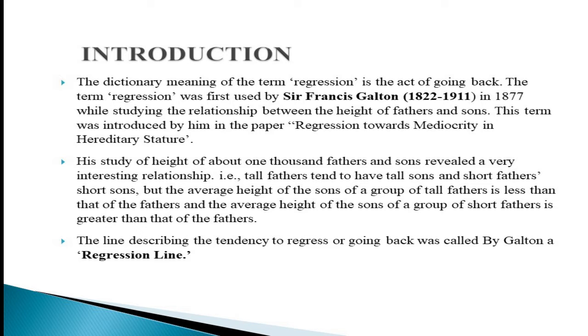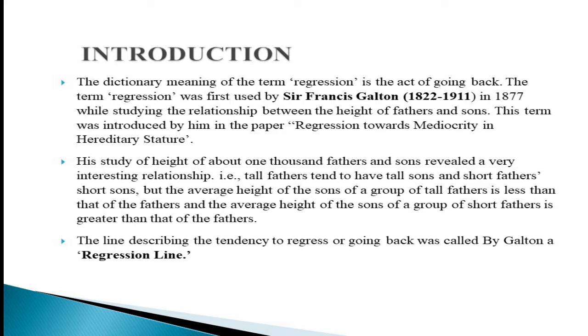He introduced this concept in his paper Regression Towards Mediocrity in Hereditary Stature. That means he made a study regarding the height variations in a group of fathers who were tall, and even in the other group where the fathers were very short.